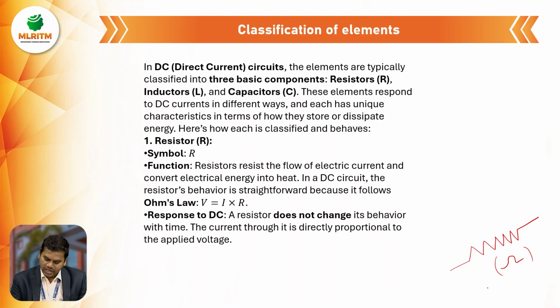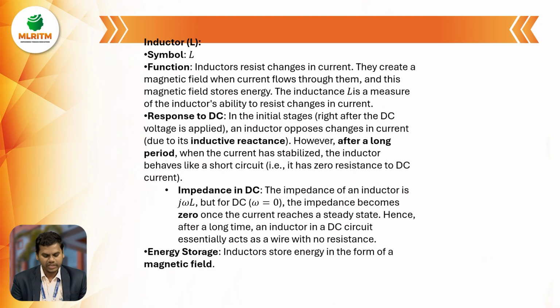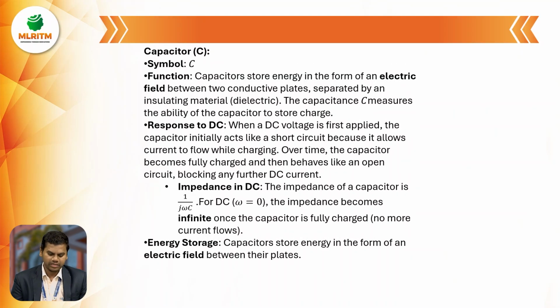According to Ohm's law, V is equal to I into R. Next, the inductor stores energy in the form of a magnetic field. Next, the capacitor stores energy in the form of an electric field.